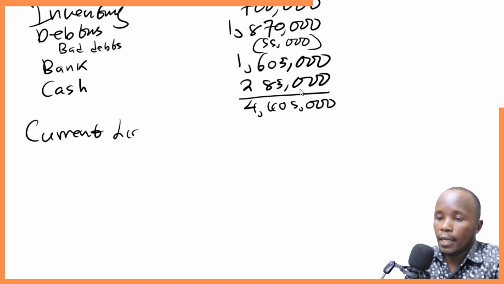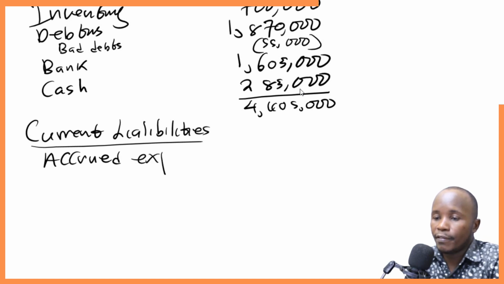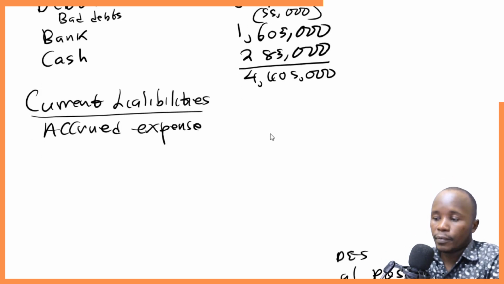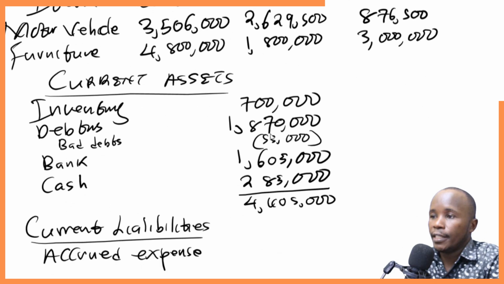Current liabilities. With the current liabilities, you have to consider the accrued expenses. Accrued expenses were the first current liabilities. We had accrued expense for rent and electricity.